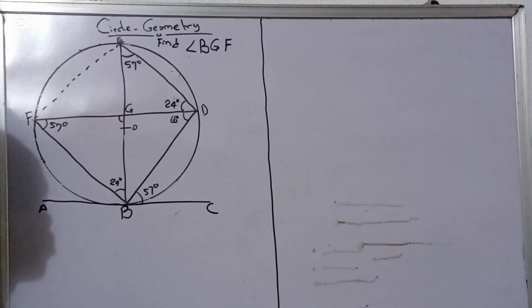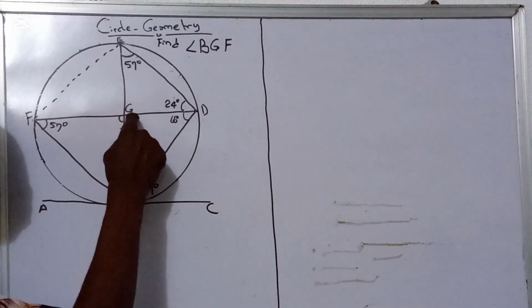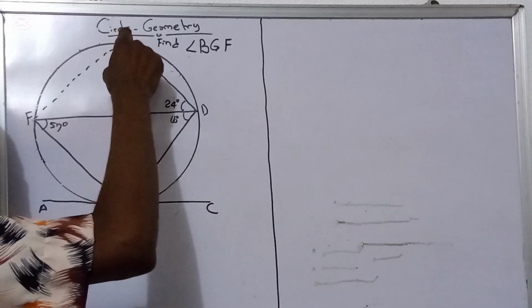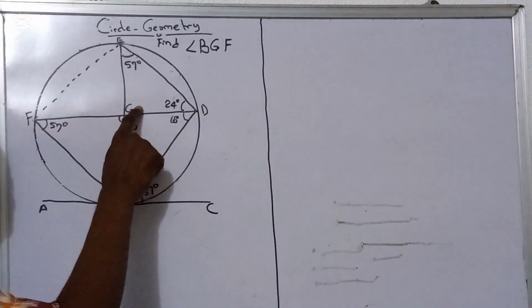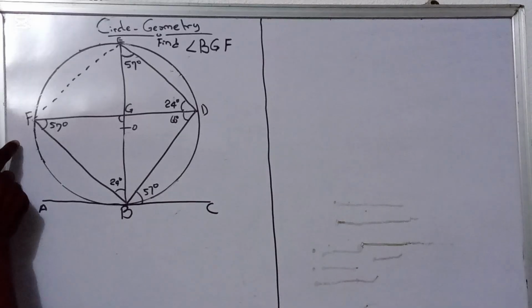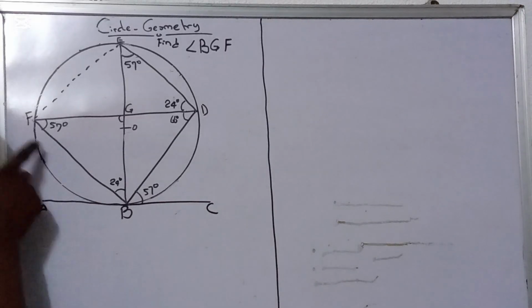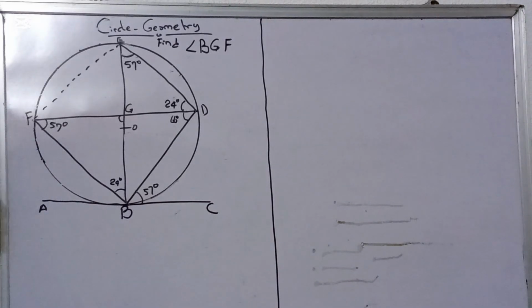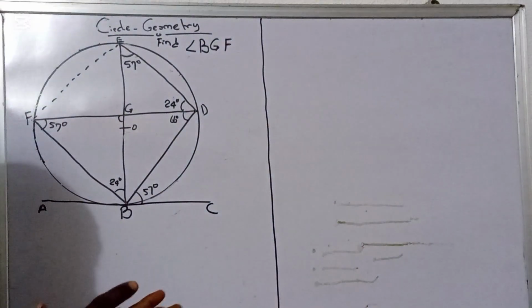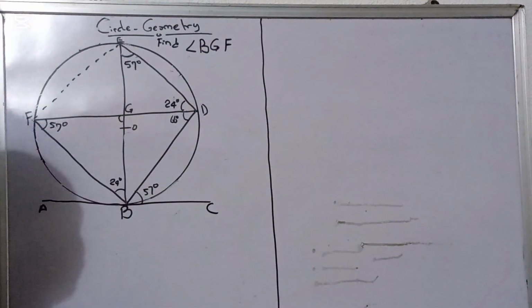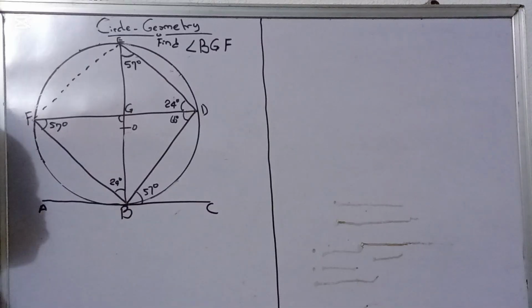The first one is between the boundary of E and D, and we have a G angle here again between the boundary of B and F. So there are two shapes we are dealing with inscribed in a circle, and you have to be very careful in this kind of scenario.